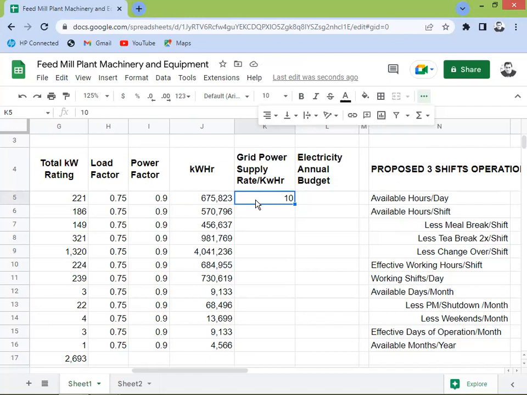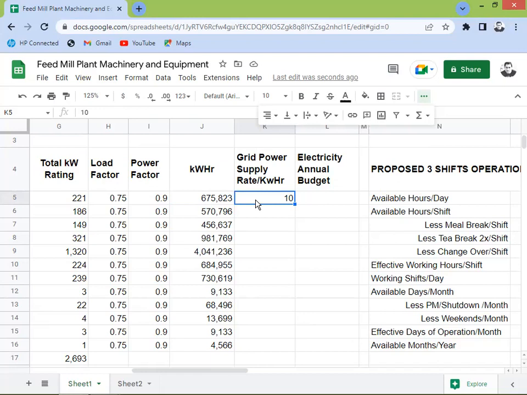I'm not too sure if the private or household consumption rate is the same as the company consumption rate. In India, I think it's 6 rupees for the household kilowatt hour rate, and 8 rupees for companies and businesses.